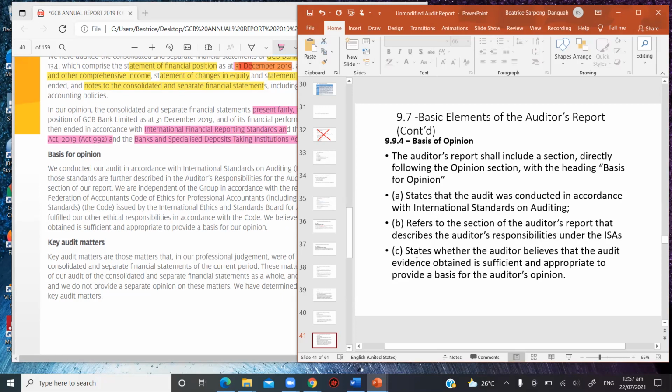And this section will also talk about the fact that the auditor believes that the audit evidence obtained is sufficient and appropriate to provide the basis of the auditor's opinion. So this is very crucial to the basis of opinion. What is the basis of your opinion? The basis of your opinion is the fact that you have gathered sufficient and appropriate audit evidence to provide a basis for your opinion.